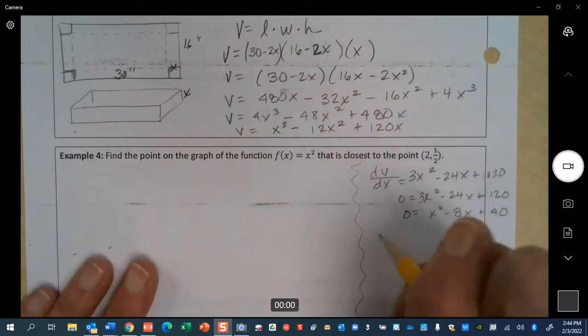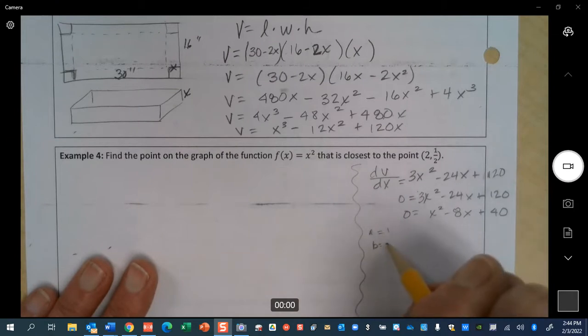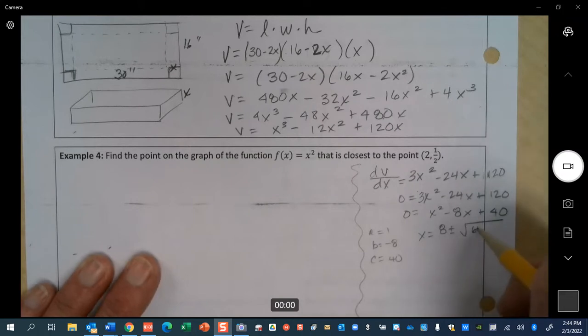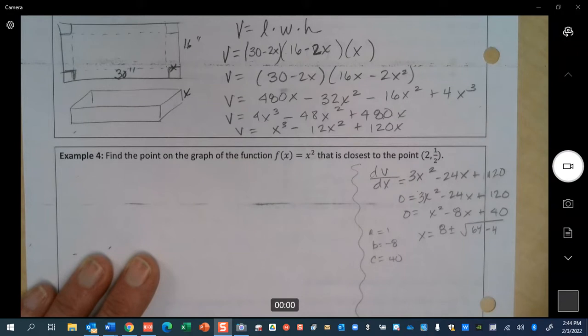So we'll go ahead and say that A is equal to 1, B is negative 8, C is equal to 40. X is equal to the opposite of B plus or minus the square root of B squared minus 4... Uh-oh, I'm going to get a negative number. All right, where'd I mess up?